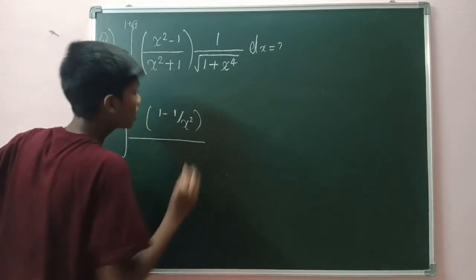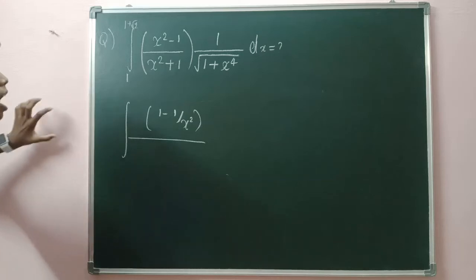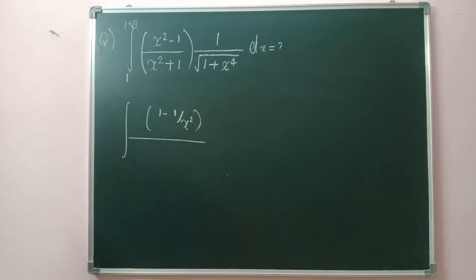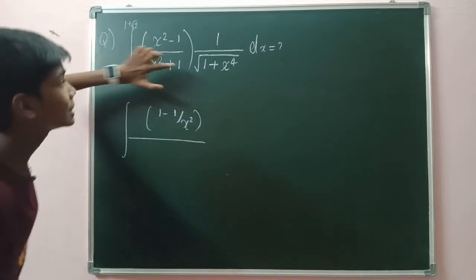Now listen very carefully. In the denominator, I am going to divide by x square. I am going to split the x square as x into x.